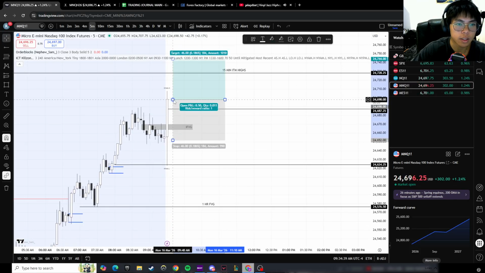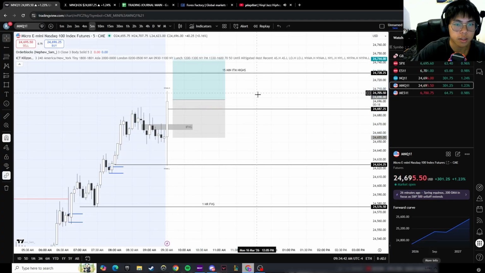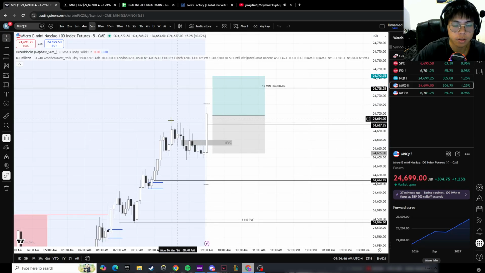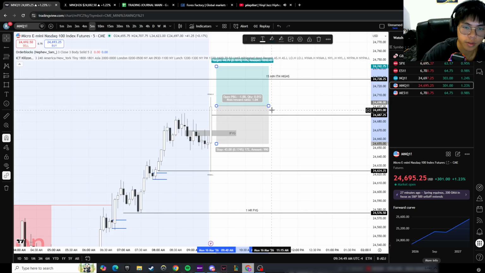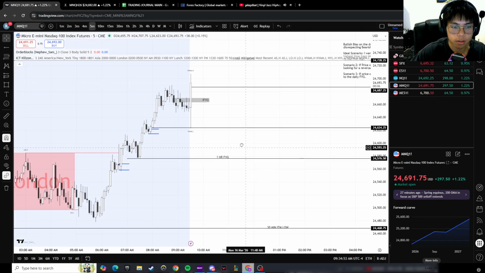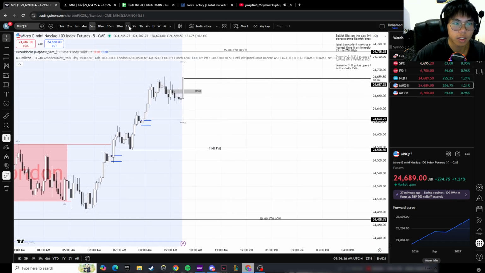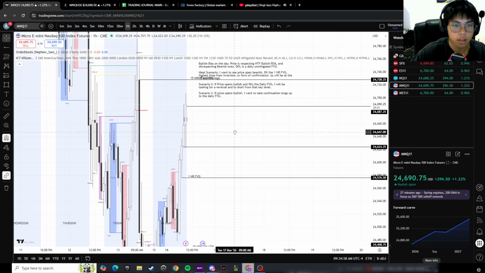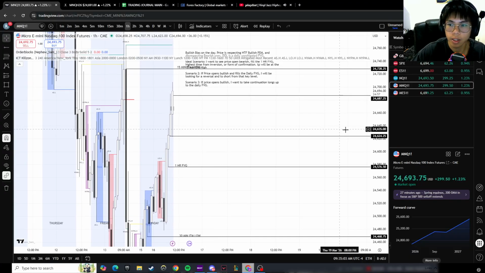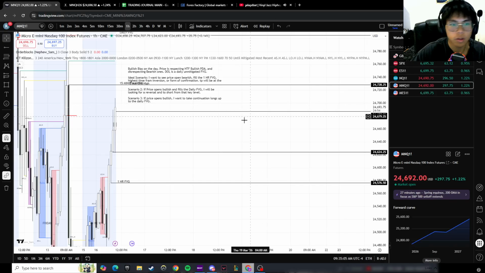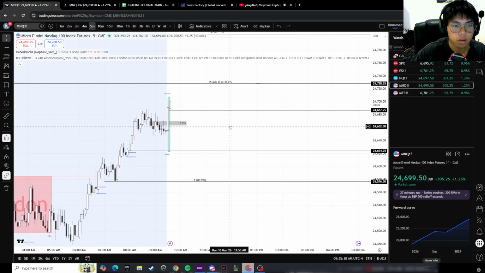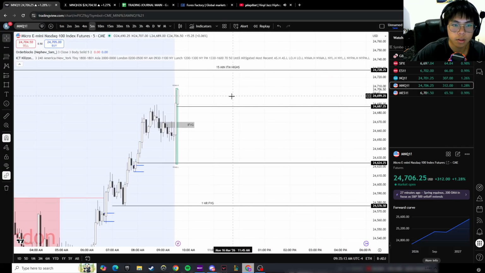Part of me does want to take this inversion here at the 5-minute. Let's go for a 1-to-1, but it's such a premium. I don't want to be longing from premiums, especially since I have this down here. Price isn't rejecting off of anything right now, so let's wait. Let us wait.